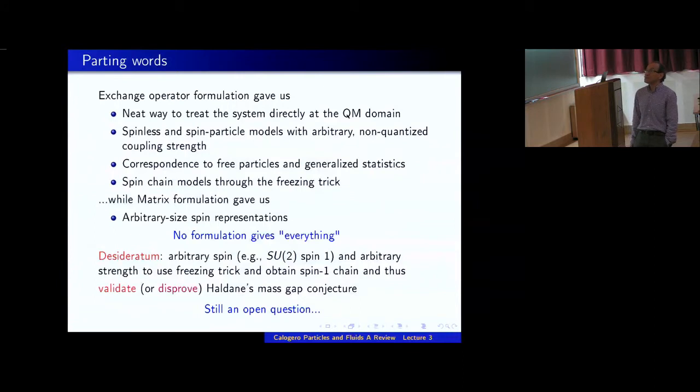It was important that the coupling constant of the model, L, could be chosen at will, and it makes the correspondence to free particles in generalized statistics clearer or more motivated.